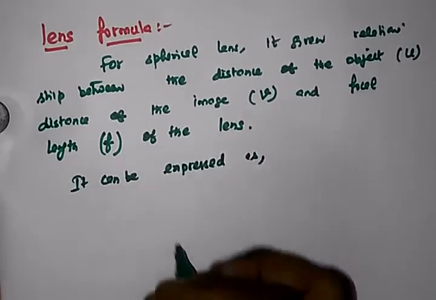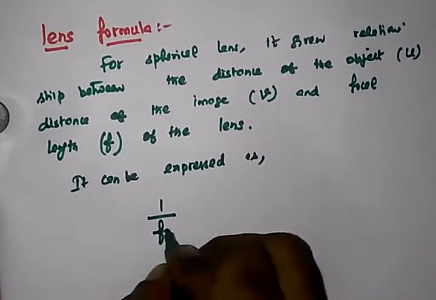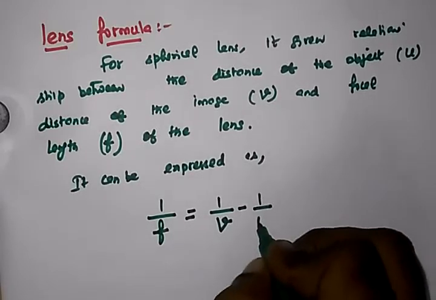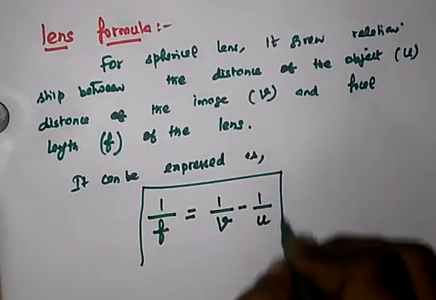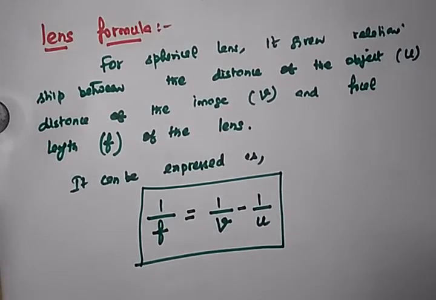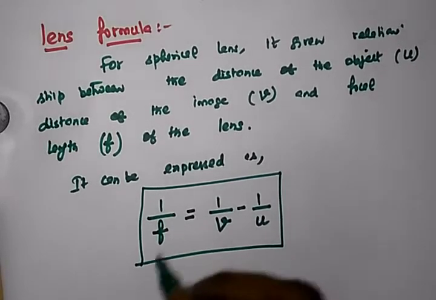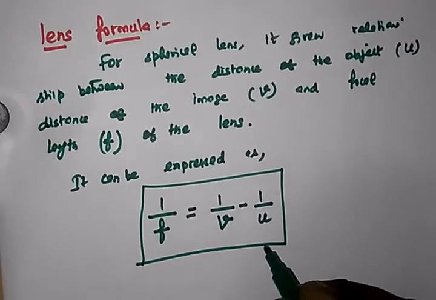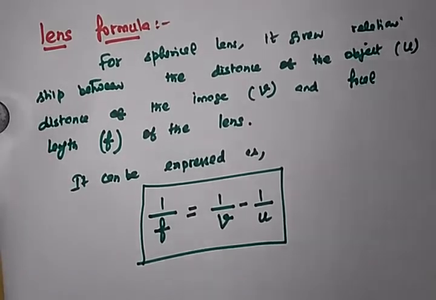It can be expressed as 1 by f equal to 1 by v minus 1 by u. This is a very important relation. This lens formula is applicable for both convex lens and concave lens.